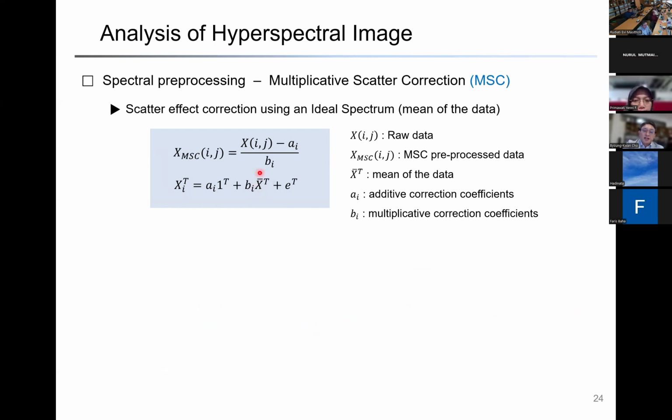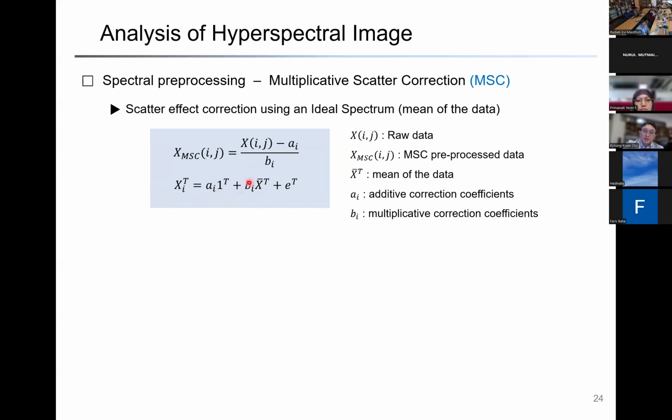So we want to use this data for reference. Okay, this data is raw data. Then, using the mean of the reference data, we can estimate the additive correction and multiplicative correction coefficients.